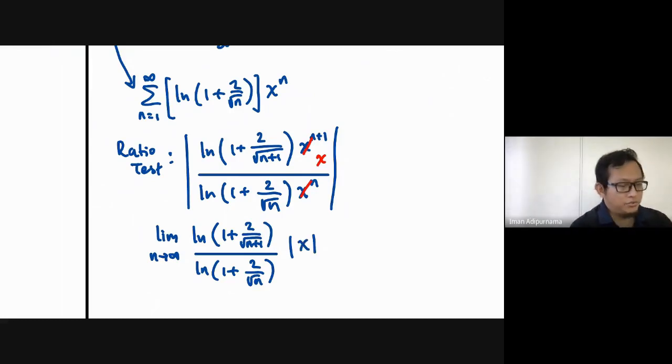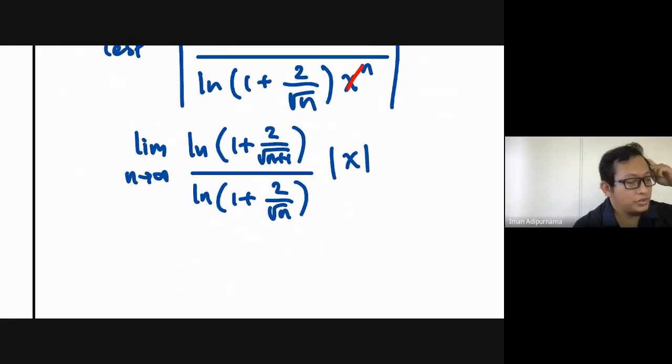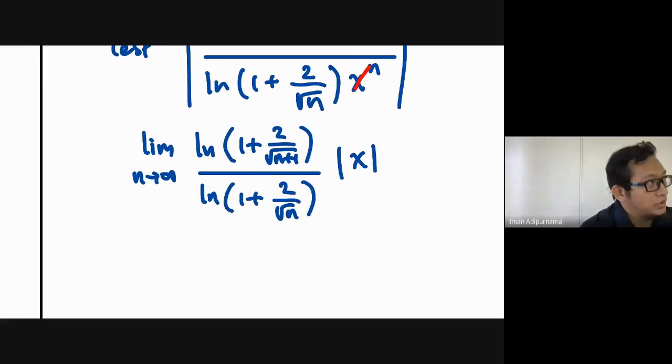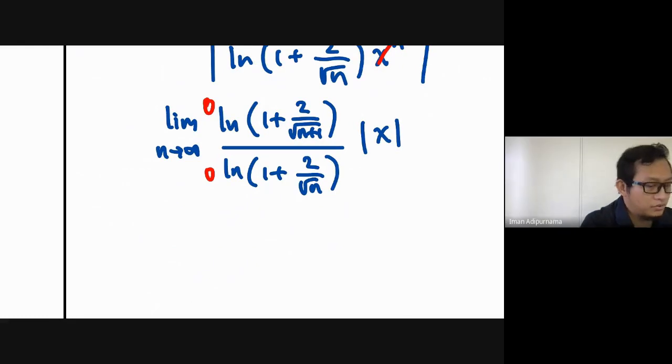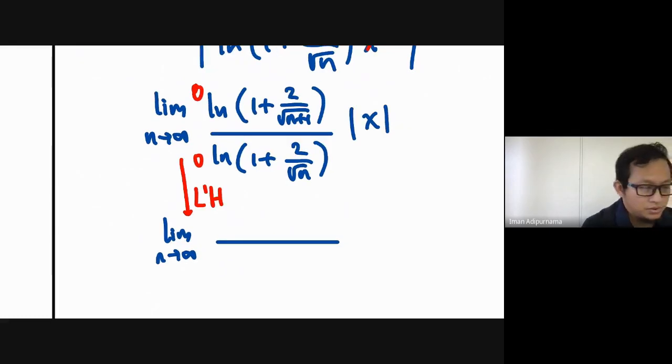Now what we can do, if you see something like this, you check first, plug in n into the equations, and it will be a 0/0 situation, right? It's 0/0, which means you can use L'Hopital's rule for the n. So what you need to do is to differentiate both the top and the bottom.